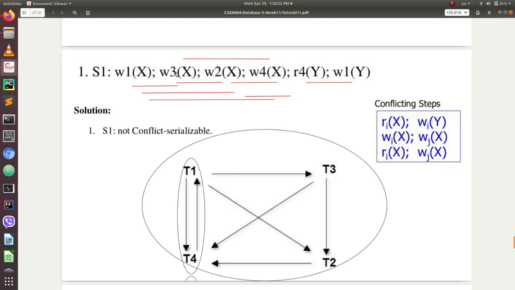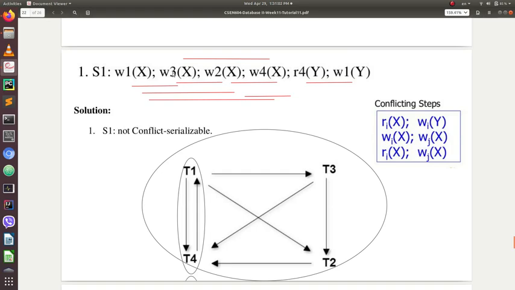So I have to draw an edge going from transaction 3 to transaction 2. So here is the edge going from T3 to T2. Also, there is another write operation on element x for transaction 4. So I have to draw an edge going from transaction 3 to transaction 4. So I will draw an edge starting from T3 going to T4.